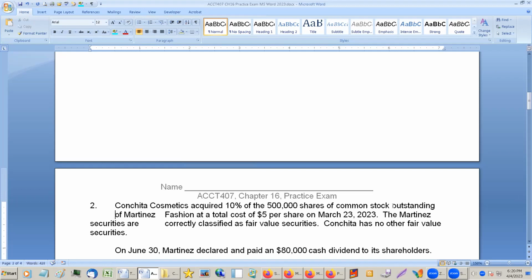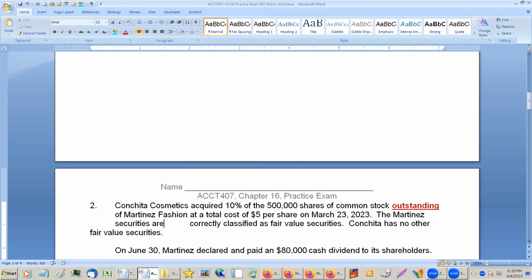Okay, so I'm gonna have to add this outstanding in there, and actually, more of my tests are similar to this, so I've got to do it on the test. It kind of indicates that they're outstanding, but just to be sure, I don't want confusion over that.